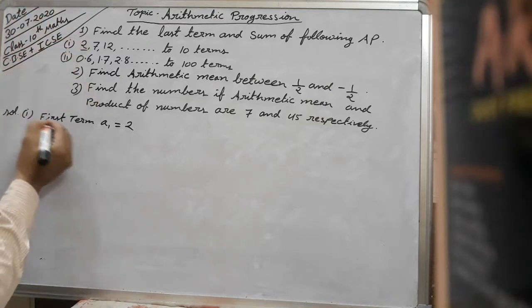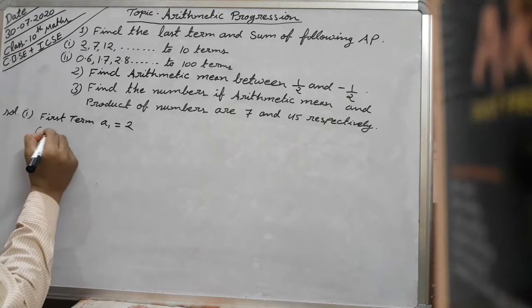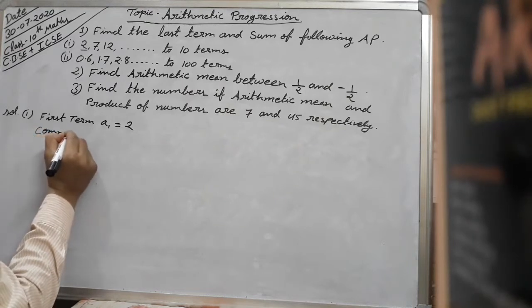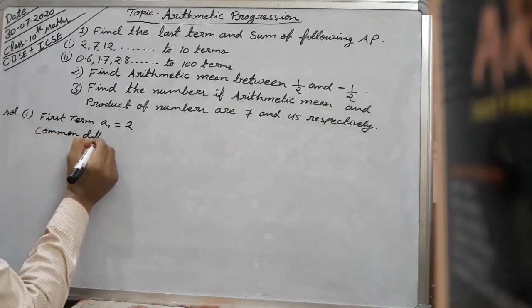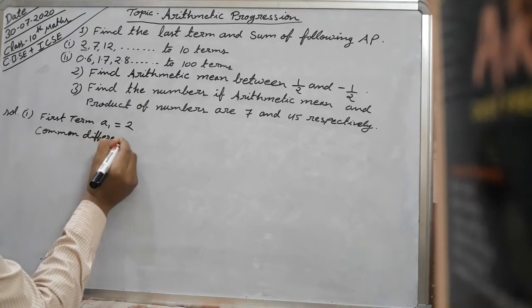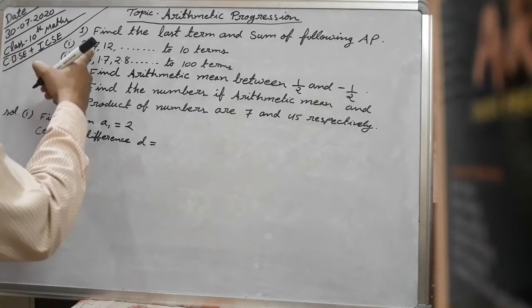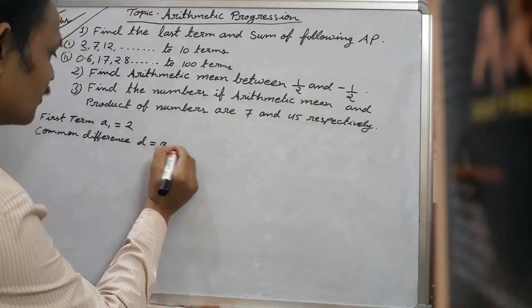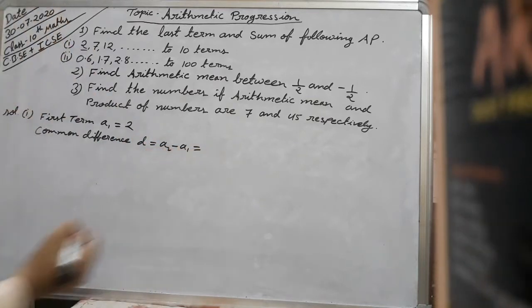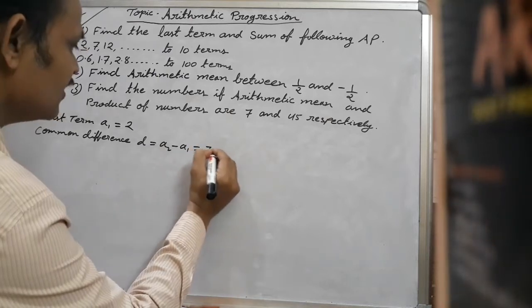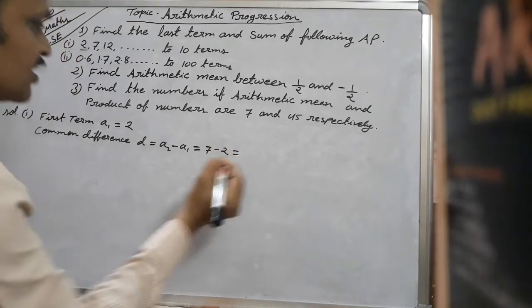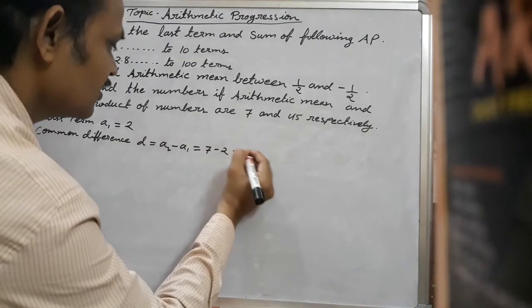Okay. Common difference, denoted by d, is equal to second term a2 minus a1. What will you get? 7 minus 2, you got 5.